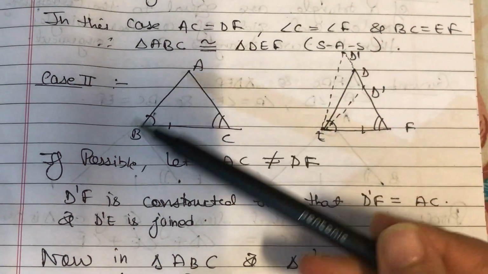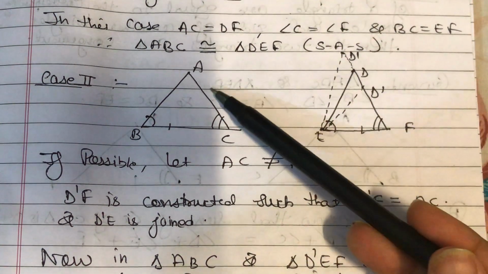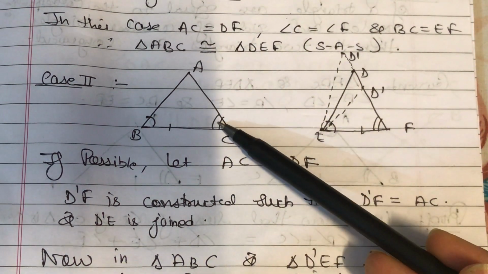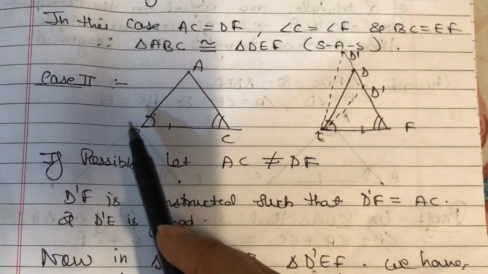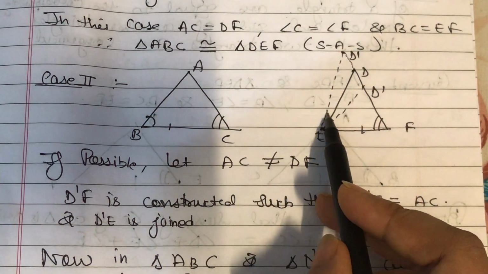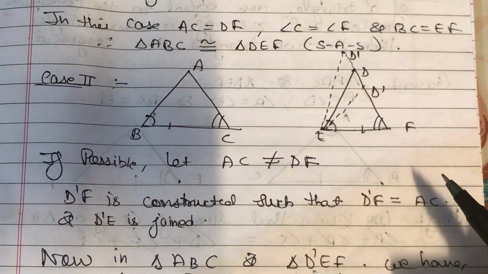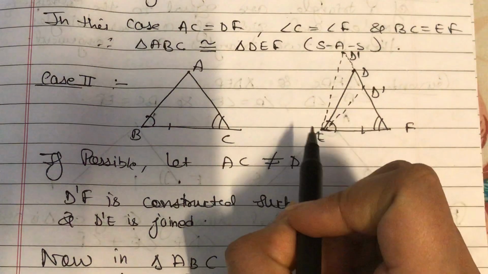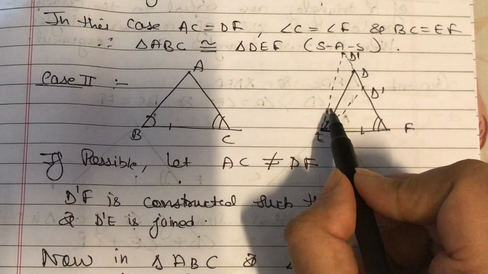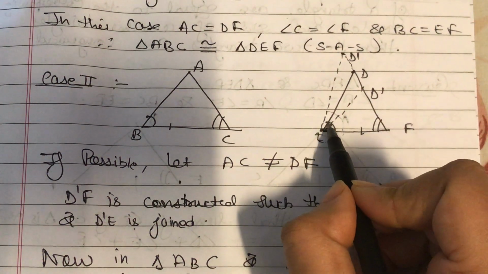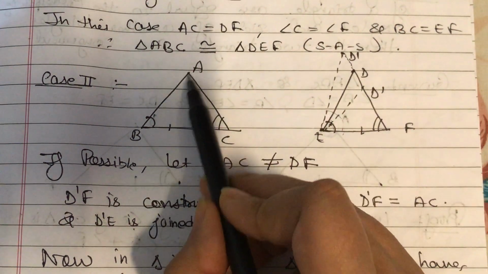Now I can say that triangle ABC is congruent to triangle D dash EF using side angle side, SAS criteria, right? So I can say that angle B is equal to the entire angle D dash EF, by CPCT. But in the question it is already given that B is equal to this angle, not this angle, right? So this angle is different, this angle is different. Right, now I have proved D dash EF is congruent to ABC.